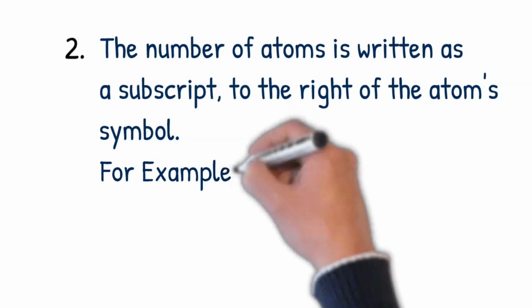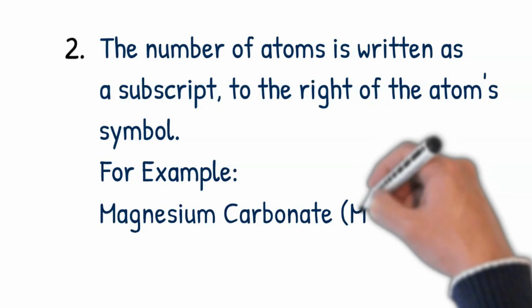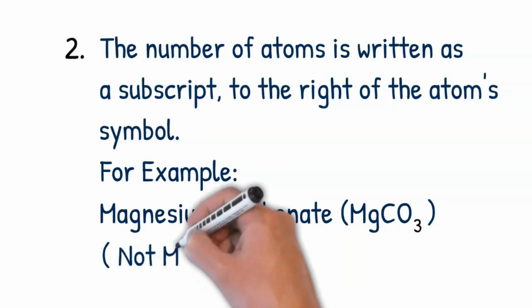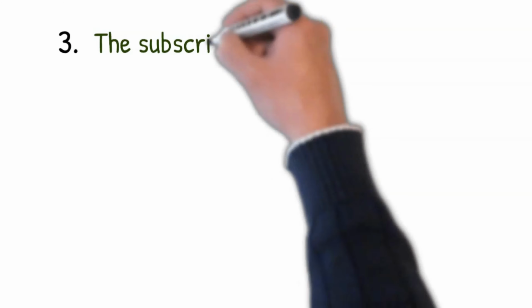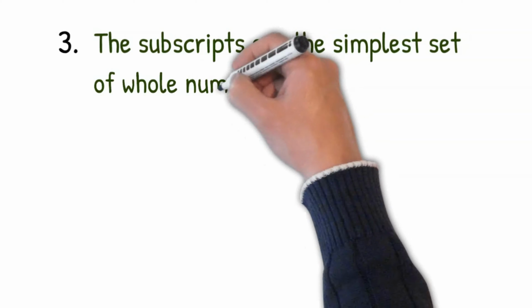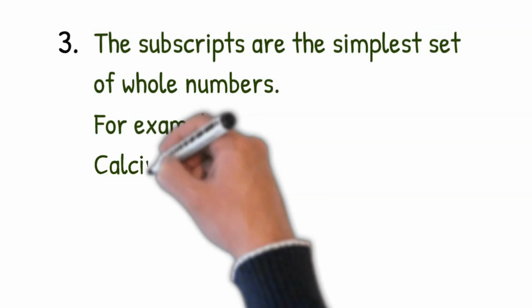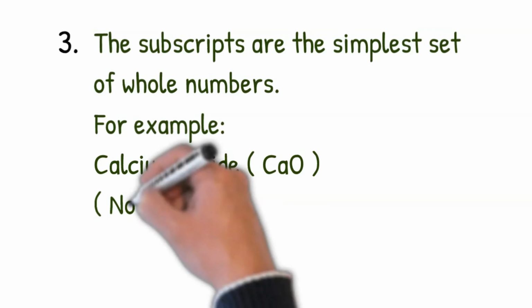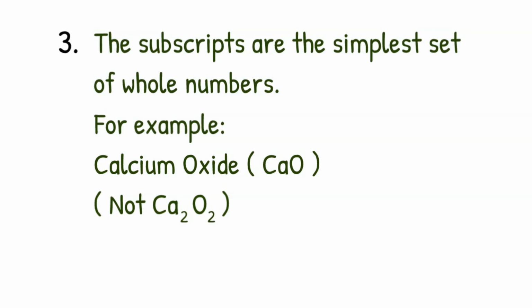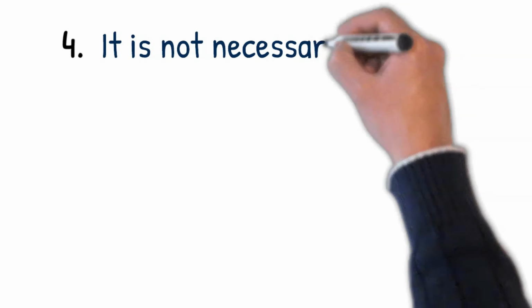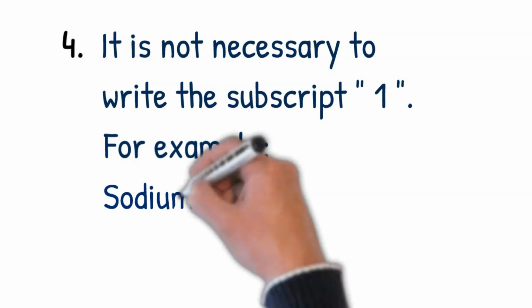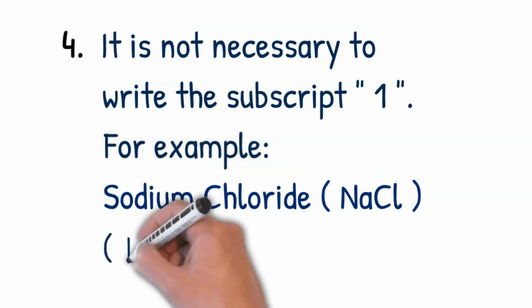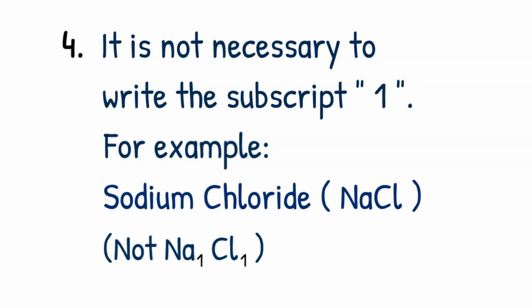For example, magnesium carbonate, MgCO₃, not MgCO3 or MgC₃O. The subscripts are the simplest set of whole numbers. For example, calcium oxide, CaO, not Ca₂O₂. It is not necessary to write the subscript 1, for example, sodium chloride, NaCl, not Na₁Cl₁.